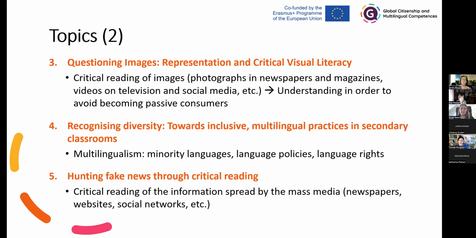So we need to have critical skills to unpack the representations of diversity, for example, because stereotypes are created and recreated mainly through visual representation. So the students are invited to read these images critically.